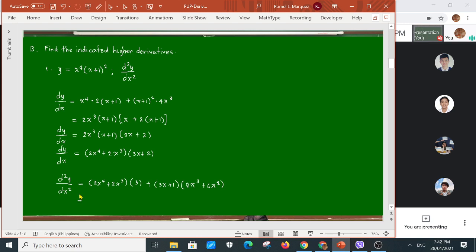Again, let's say it's multiple choice. So you have to expand and determine which among the choices will become equal to this. So let's now distribute 3 inside. That is 6x to the 4th plus 6x to the 3rd, no? And then plus 24x to the 4th, then plus 6 times 3, 18x to the 3rd, and then plus 8x cubed, and then plus 6x squared.